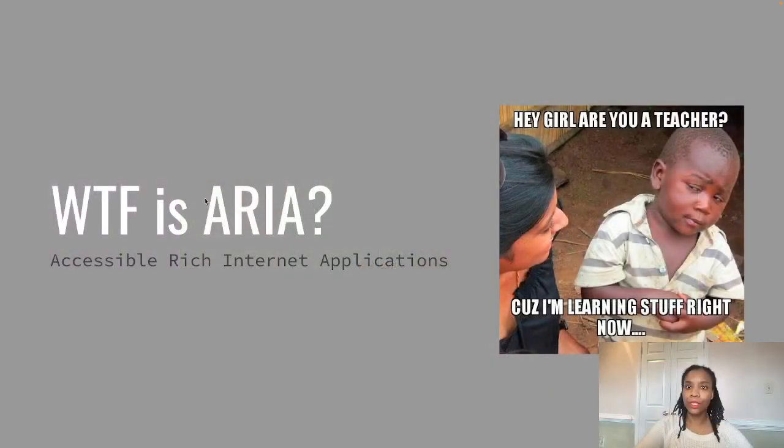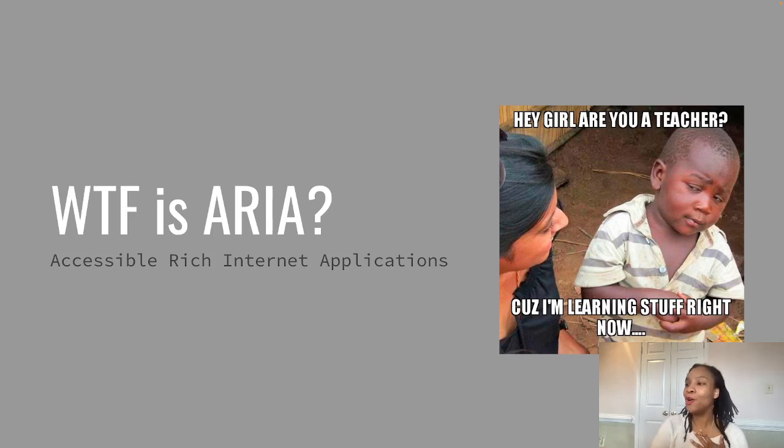All right, so we're going to talk really briefly about ARIA. ARIA is accessible rich internet applications. So we use ARIA to help us with our HTML if HTML natively doesn't have what we need to convey what we're trying to use.